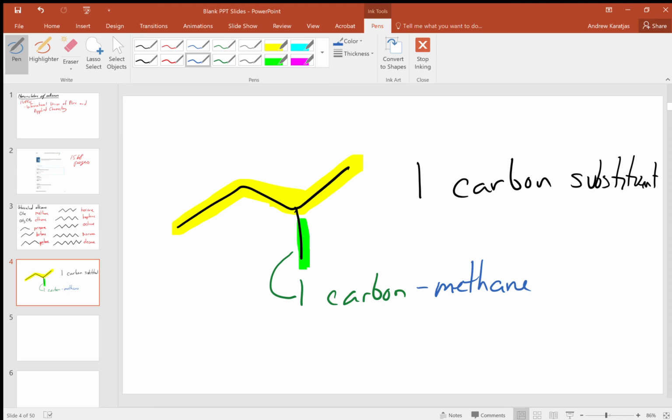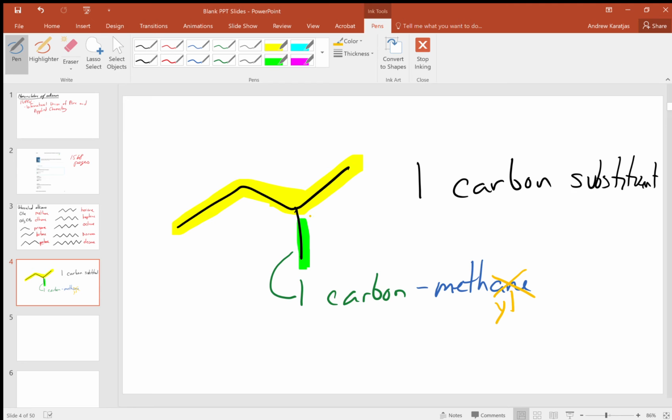But we can't quite use methane here, because methane assumes that it's CH4 by itself. This isn't CH4, this is CH3. And so what that means is we modify the name slightly. And we do that by chopping off the -ane and adding -yl.